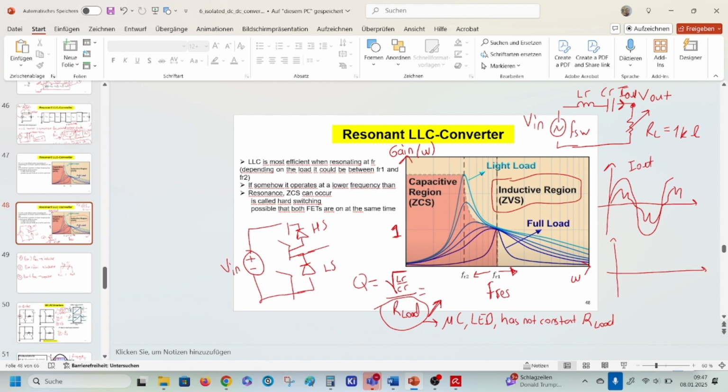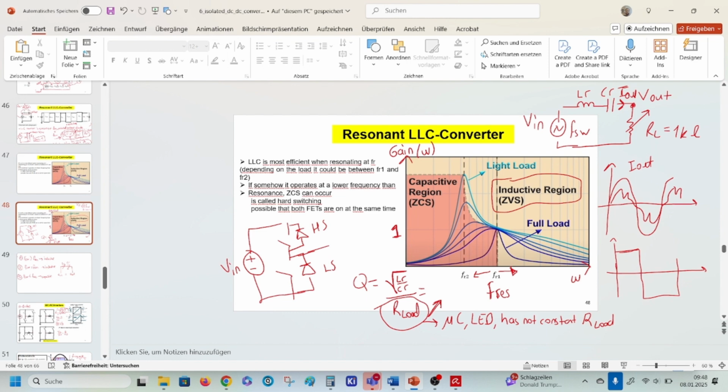In the inductive region, my current looks like this. Not exactly, but let's say this is my input voltage, and current will look like this.